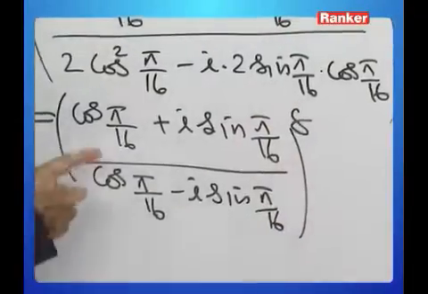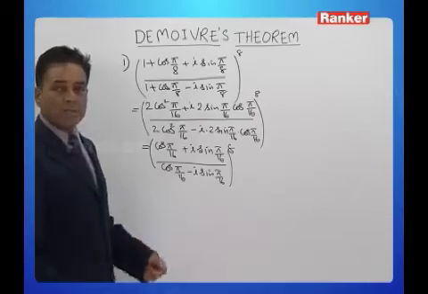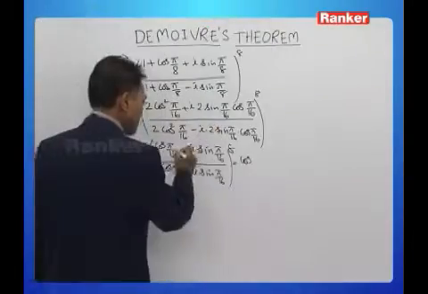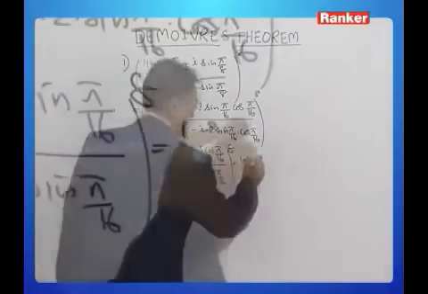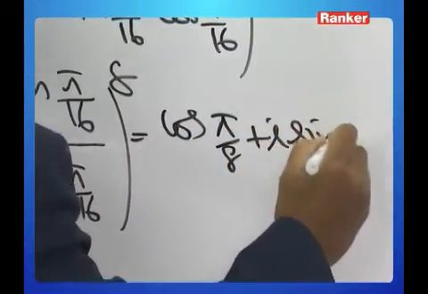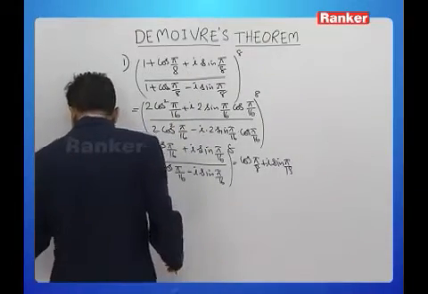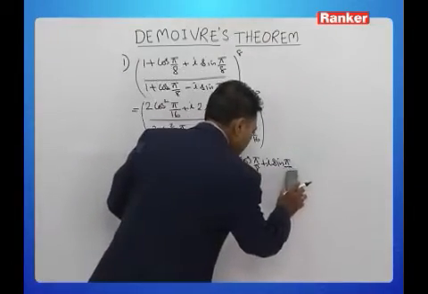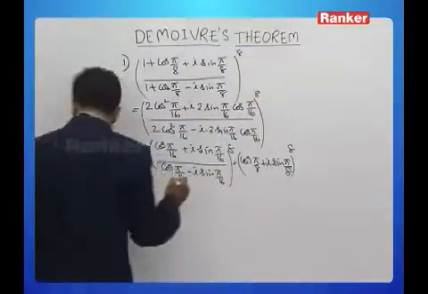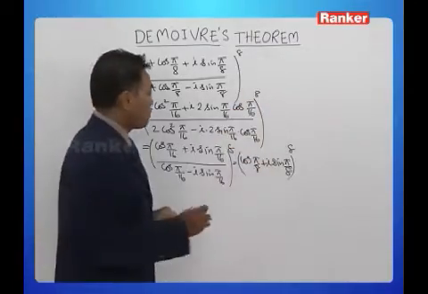Now, this is in the form of cis theta, and this is cis minus theta. cis A by cis B is cis of A minus B, that is pi by 16 minus of minus pi by 16, that is again pi by 8. So, you get (cos pi by 8 plus i sin pi by 8) whole to the power of 8.